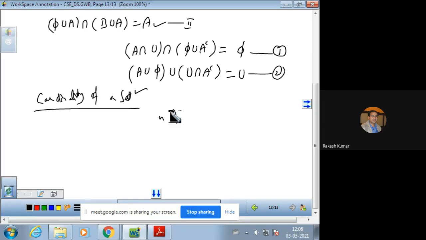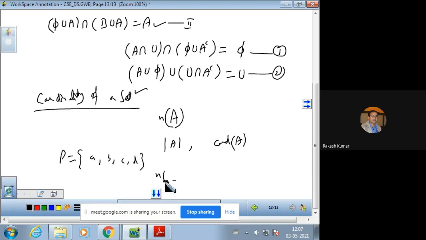The cardinality is generally denoted by n(A), or modulus of A, or card(A). So these are the ways by which we can write down the cardinality. Let P be a set having elements a, b, c, and d. So it has 4 elements. Then we can say that cardinality of P is 4.